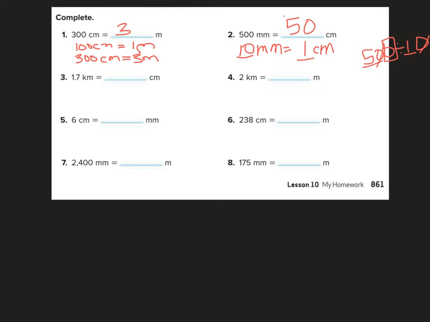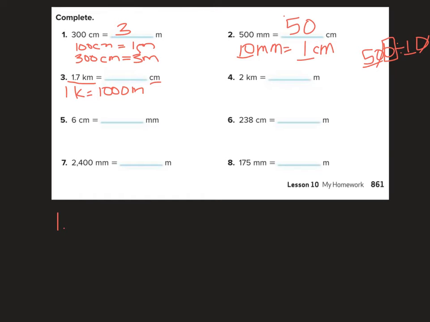1.7 kilometers equals how many centimeters? So I know 1 kilometer equals 1,000 meters. Okay, so let's do that first. So 1.7 kilometers, I need to multiply it by 1,000.